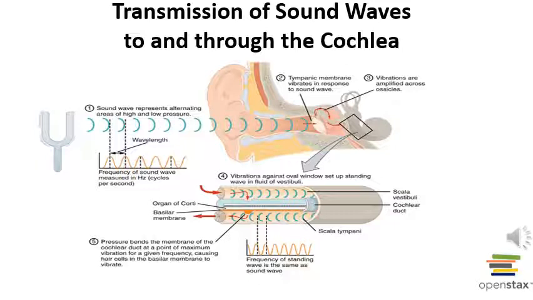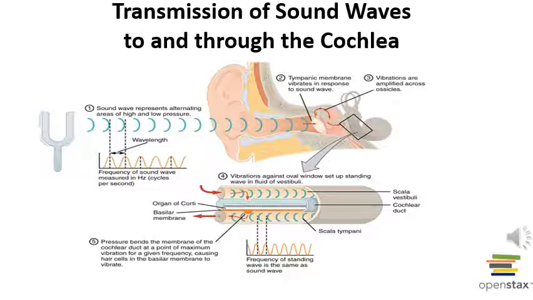Follow the arrow and I see a close-up view of the cochlea. I see these vibrations which have been collected by the pinna, which have been amplified by the ossicles, are now traveling down the length of the scala vestibuli, and I can't see it, but they're going to go all the way to the end of the cochlea. They're going to make a U-turn where I find the helicotrema, not illustrated there, but they're going to come back.